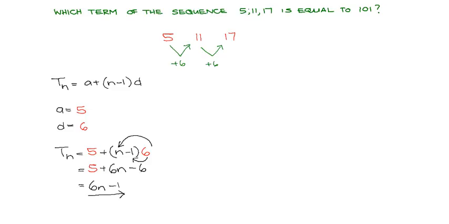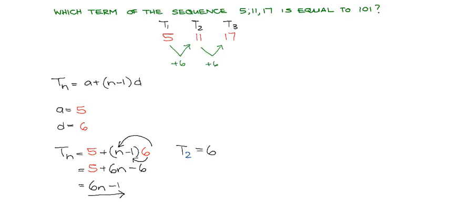Always test it. I'm going to go for the dude in the middle, which is T2. We have T1 on our left and we have T3 on our right. So when we are testing this, basically wherever you see an n, we're going to put down the number or the position of the term that we're working with. And I'm working with term 2. So T2 is equal to 6.